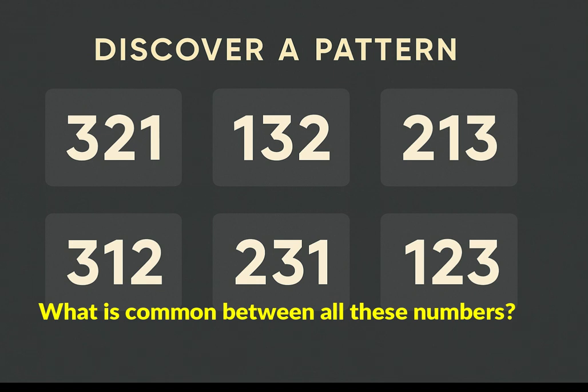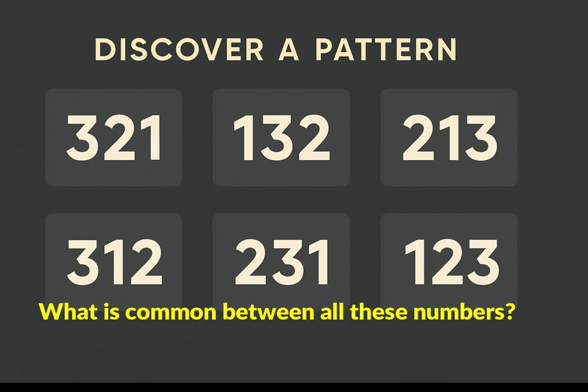So they are divisible by 3. That is at least common in all of them. Apart from that, they're also made from the same digits 1, 2, and 3. Well, their values are different because their positions are different. So you understand how place value plays a very important role.